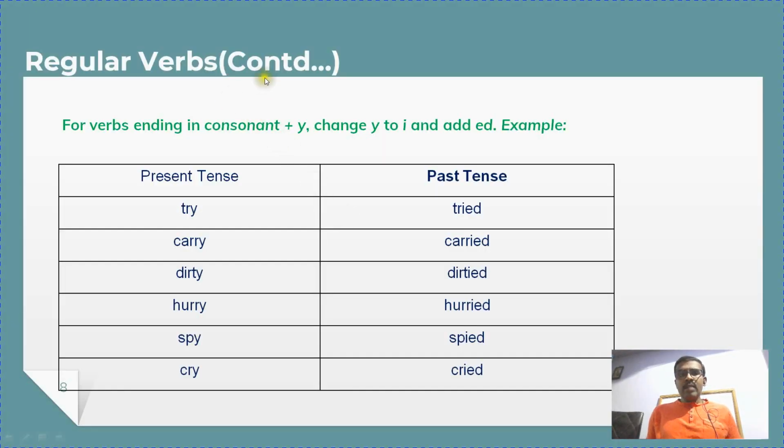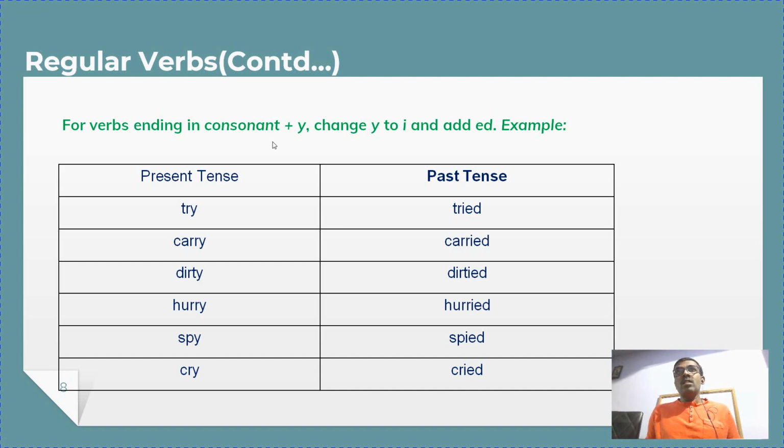And the continuation of the regular verbs. For verbs ending in consonant plus y, change y to i and add ed to the verb. What is meant by consonants and vowels? The 26 letters of the English alphabet are classified into two types. 21 letters are consonants, and 5 letters are vowels.